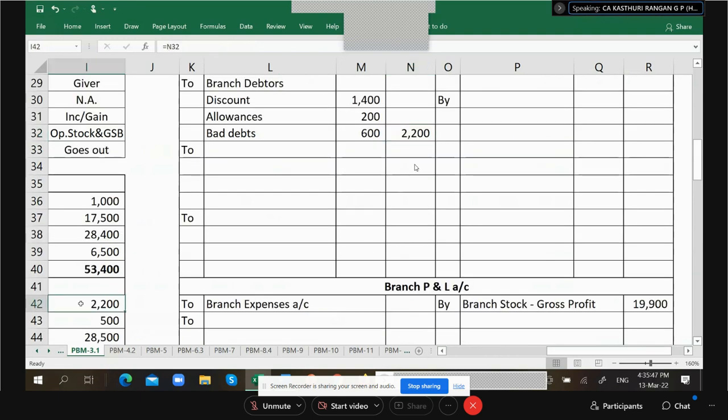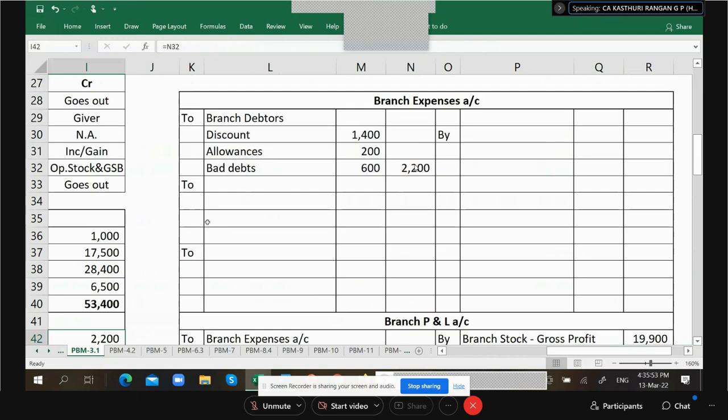So this is what I put here. The expense account debit to branch debtor. So in branch debtor account, credit. Some expenses are paid by the head office. What is the entry? Debit expenses to cash or bank: salary, wages, rent, sundry expense. How much? 6,200, 1,200, 800. Total 8,200. Any other expenses are there?